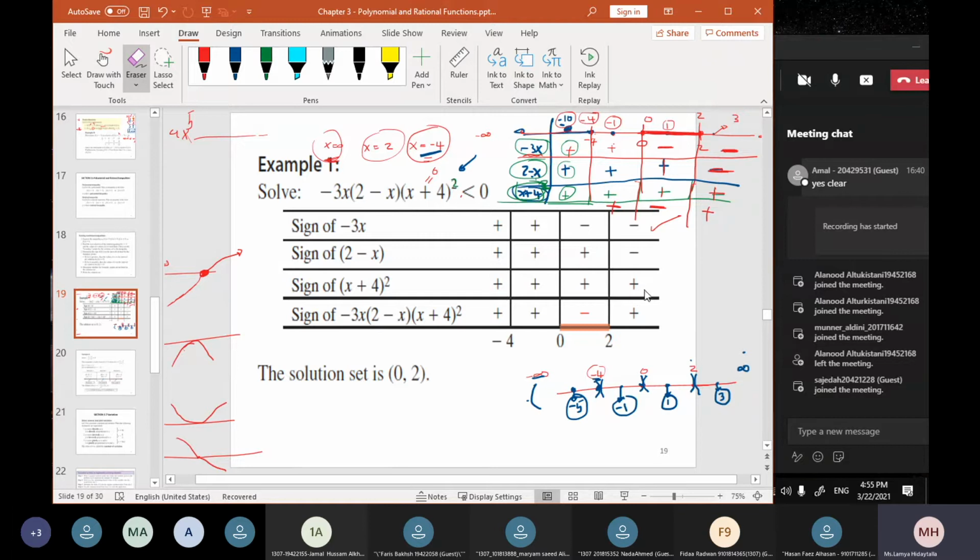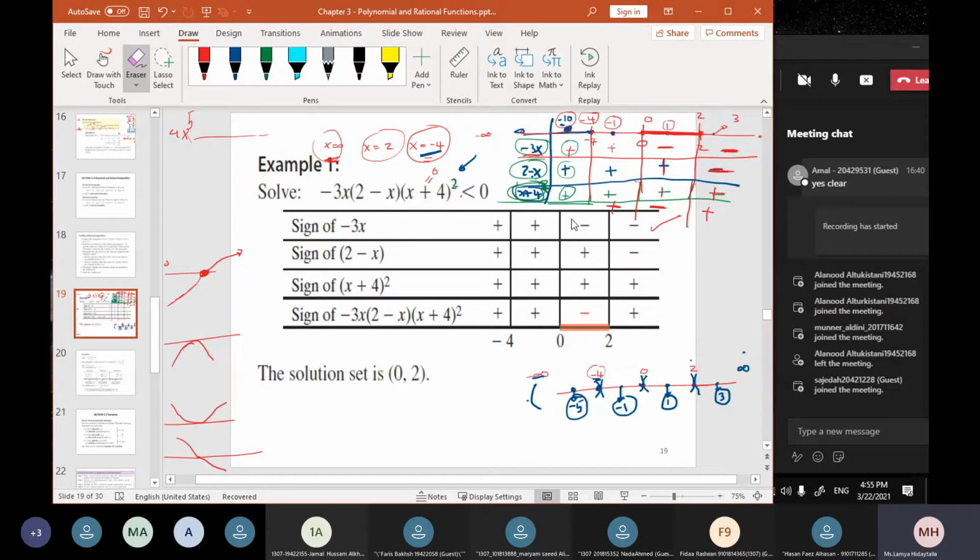Okay, so you evaluate. And now we want to know the behavior of the whole function, not a part of it. It is this multiplied by this multiplied by that. That is positive times positive times positive, which is positive. And then after that, positive times positive times positive, still positive.